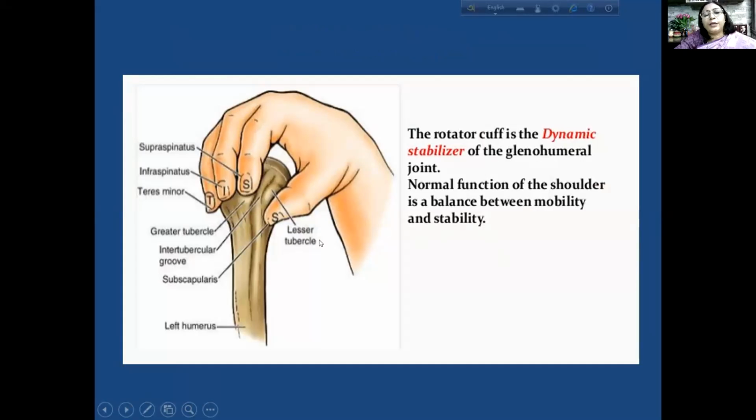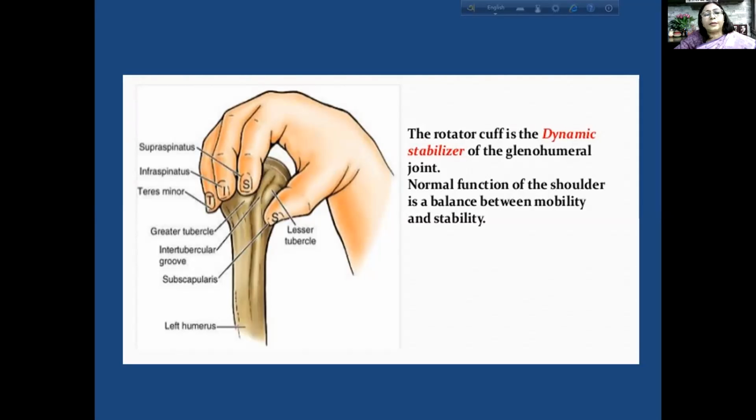The supra and infraspinatus muscles are supplied by the suprascapular nerve from the superior trunk of the brachial plexus. If any injury occurs in that part of the nerve, these two muscles suffer from isolated denervation edema. Whereas the teres minor muscle is supplied by the axillary nerve and the subscapularis muscle by the subscapular nerve, which arise from the posterior cord of the brachial plexus.